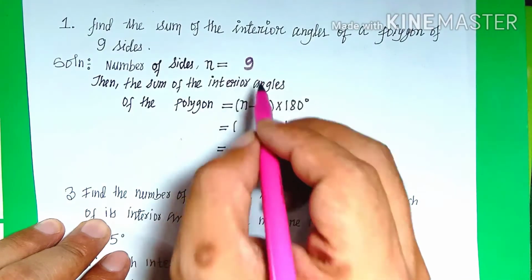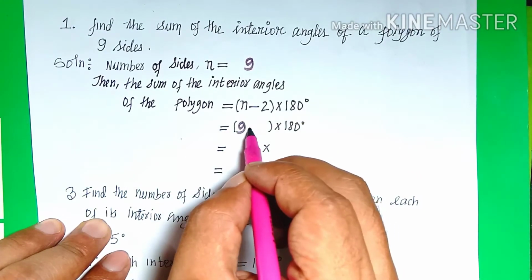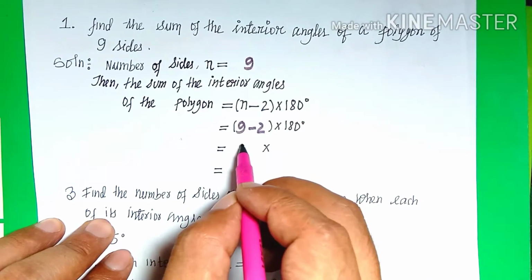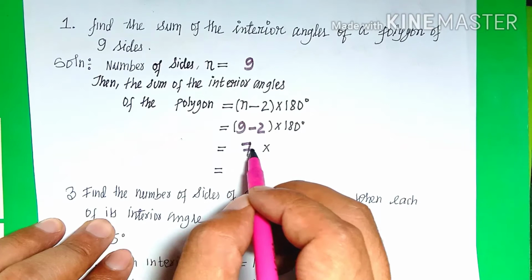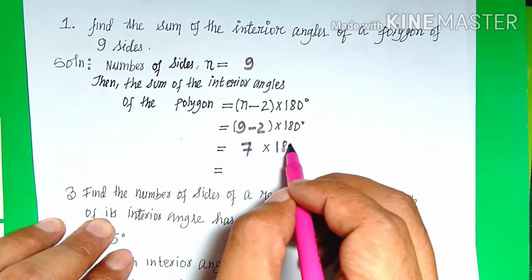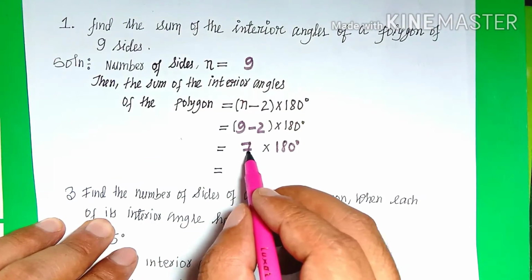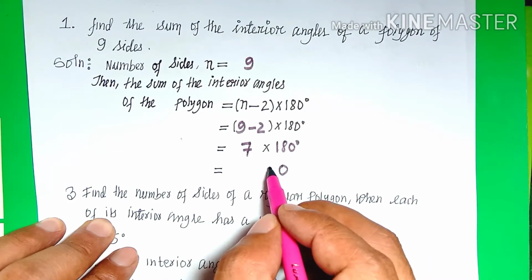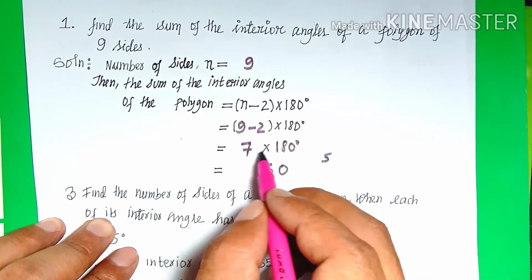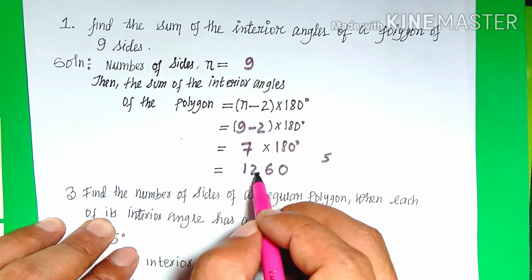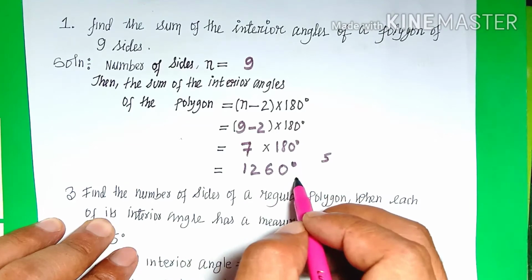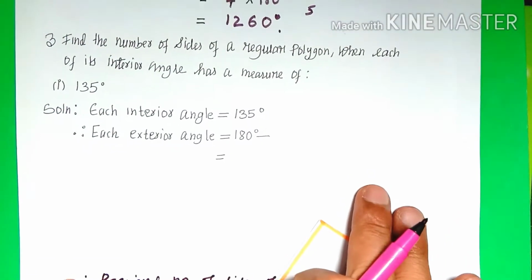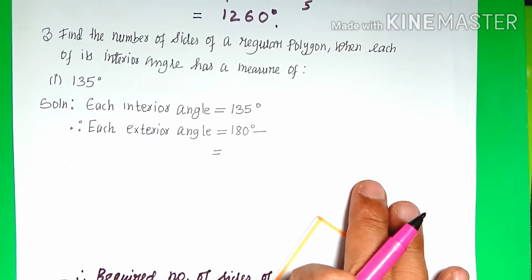Here n can be replaced by 9, so 9 minus 2 times 180 degrees. 9 minus 2 equals 7, so 7 into 180 degrees. 7 into 0 is 0, 7 into 8 is 56, 7 into 1 is 7, plus 5 gives 12. So the sum equals 1260 degrees.